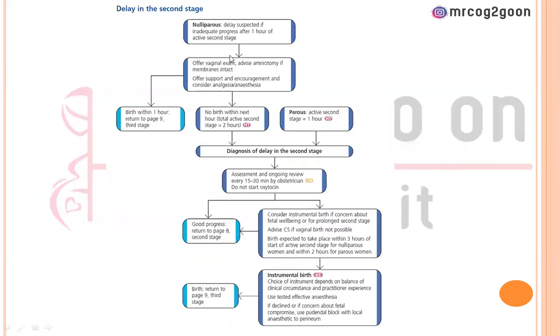And this is how we deal with nulliparous women: we suspect delay if there is inadequate progress, suspected after 2 hours and confirmed delay after 3 hours, and here, confirmed delay after 1 hour. Diagnose delay, assessment and ongoing review every 15 to 30 minutes by an obstetrician, and don't start oxytocin.